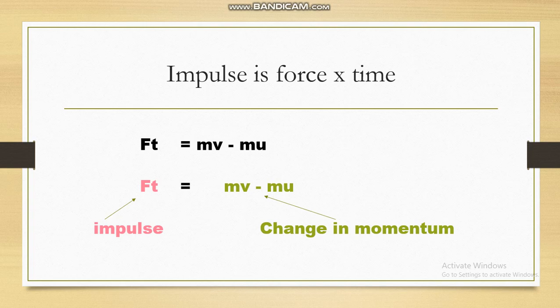From Newton's second law of motion, we know that F is equal to change in linear momentum over time. When we multiply both sides by time, we get force times time is equal to change in linear momentum. So impulse is also equal to change in momentum, mv minus mu.